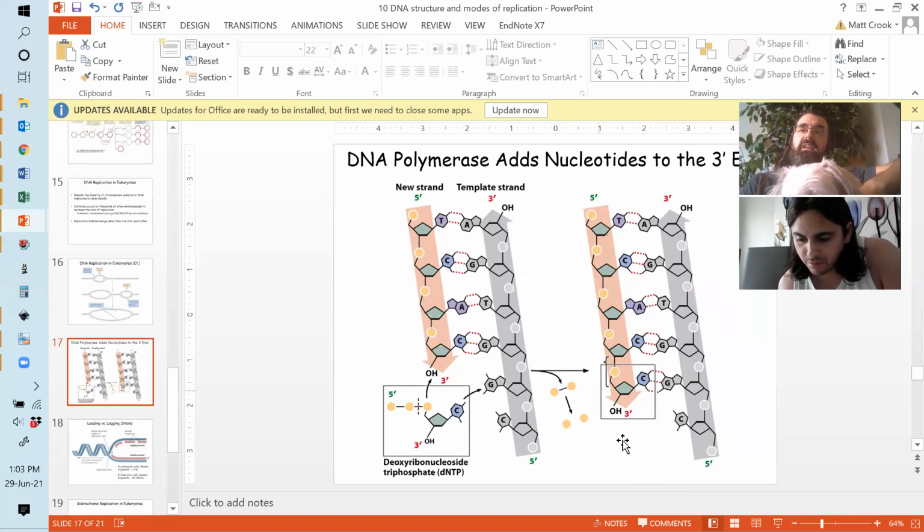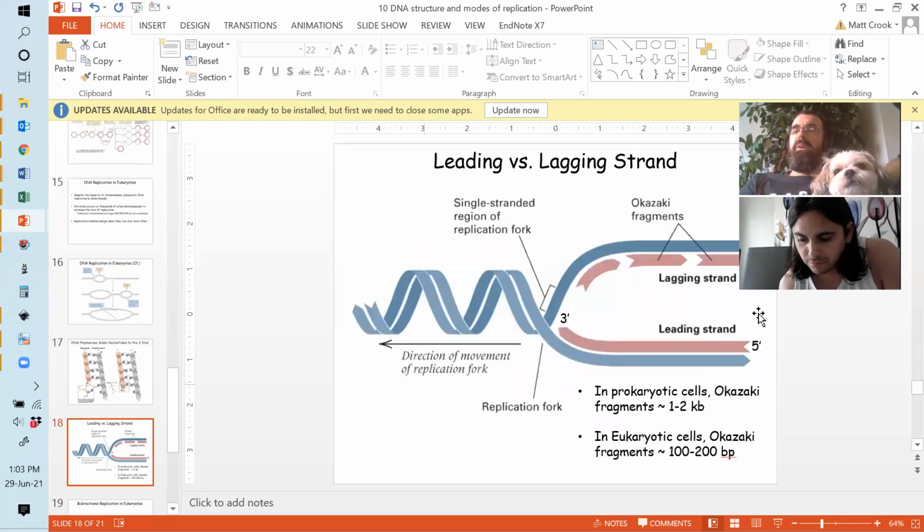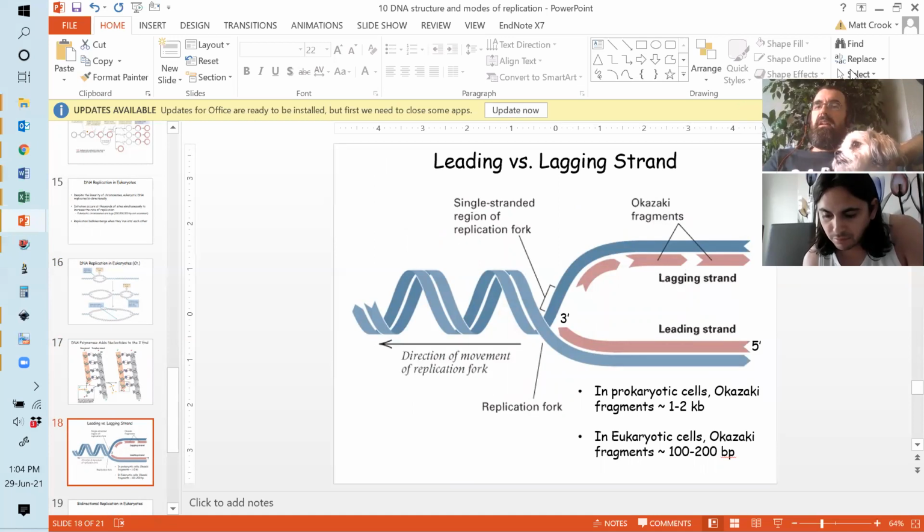But because this is at the 3' end only, and DNA is anti-parallel, essentially we're going to end up with two replication bits going opposite directions, even though the whole replication fork has to go in one direction. And we basically solve that by having what's called a leading and a lagging strand.